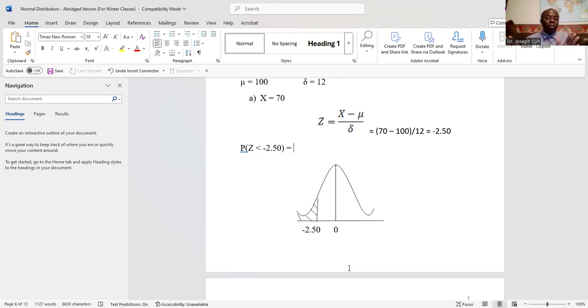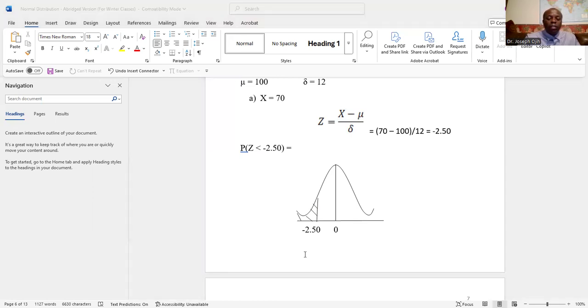If you know how to use that cumulative table, fine. But I recommend that you use the chart we're using in the class. This chart doesn't go with the one you have in your homework in MyMathLab. But if you know how to use that, fine. But I recommend this one for the class. Anyway, let's go to the procedure chart.